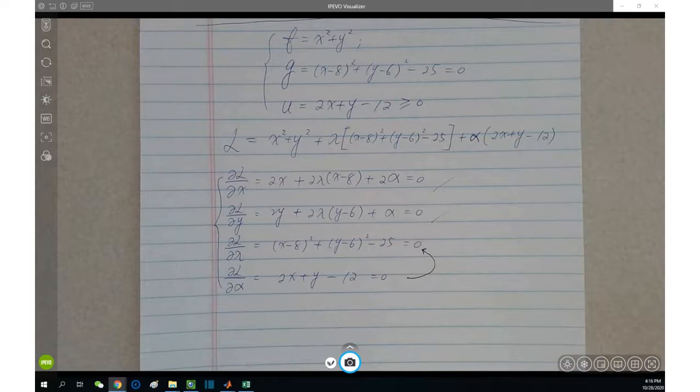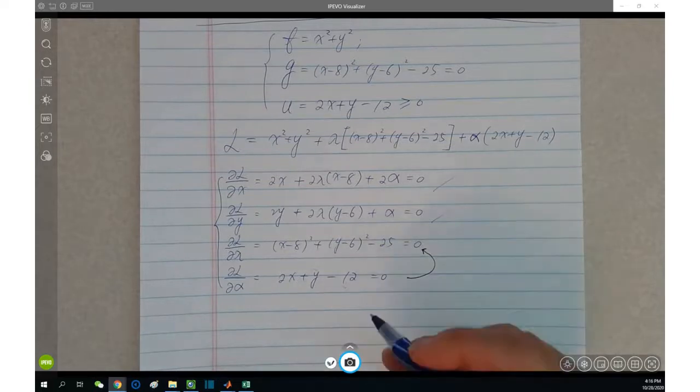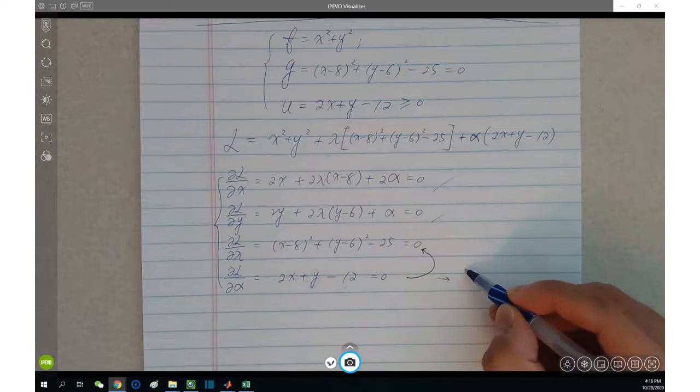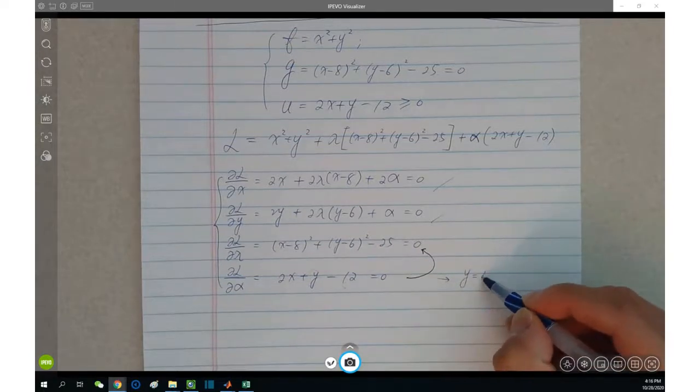Once again, you find y in terms of x from the bottom equation, and then substitute that y here with the derived y equation. In other words, this gives you y equals 12 minus 2x.